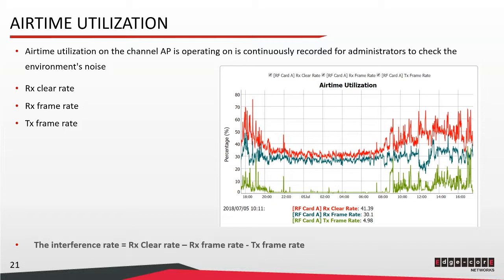The RX frame rate is the percentage of the airtime that the AP receives and decodes. And the last one, TX frame rate, is the percentage of airtime from the AP transmitting data. If you want to calculate how much interference is there in this environment, you can use the following equation: interference equals RX clear rate minus RX frame rate minus TX frame rate.